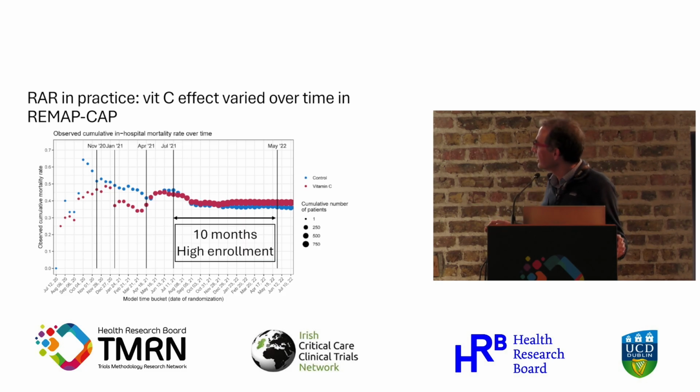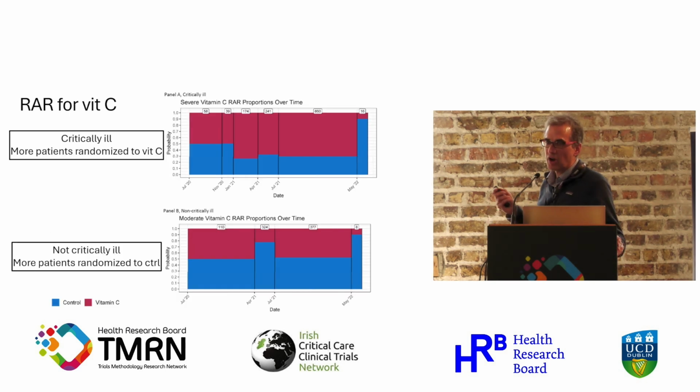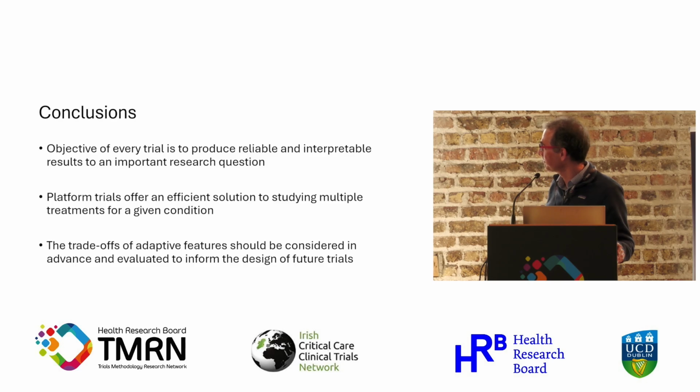But because of a very long delay between 2 analysis periods, which had to do with complexities of data transfer, the exact opposite of what was designed to happen actually happened, meaning that in the critically ill state, more patients ended up getting randomized to vitamin C compared to control. So it just shows you that when you do response adaptive randomization, I think it's super important to build in necessary safeguards to prevent this kind of scenario from happening, which was, I'd say, pretty unfortunate.